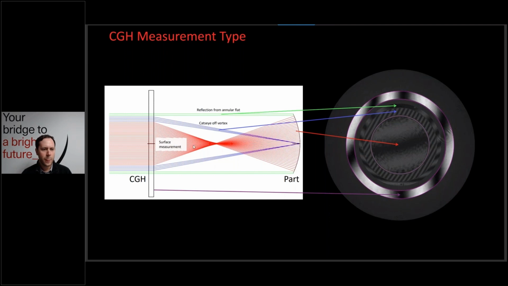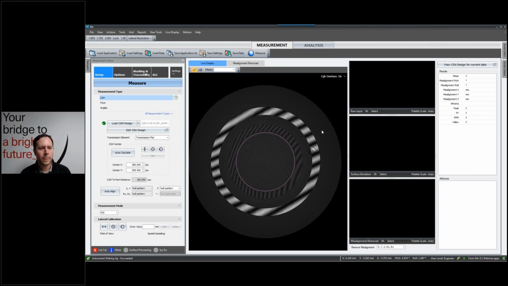And then finally, the rays bundle here in red, that's probably the most important measurement or fringe pattern generated here on the right. That is our actual unit under test, or in this case, a parabolic measurement. So with that, we'll head into MX and take a closer look at the measurement type.